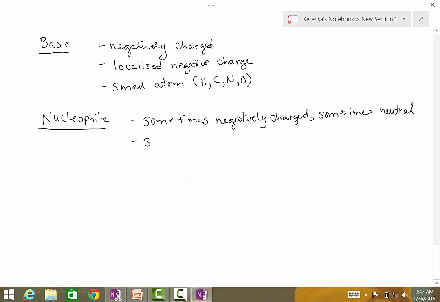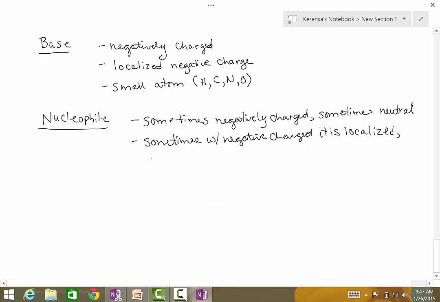Sometimes, if it has a negative charge, it's localized. Other times, it is delocalized.